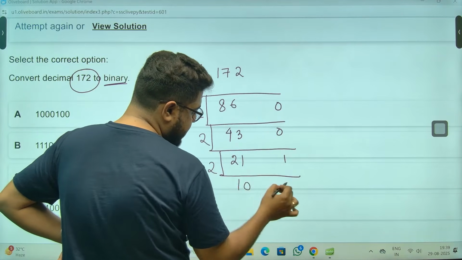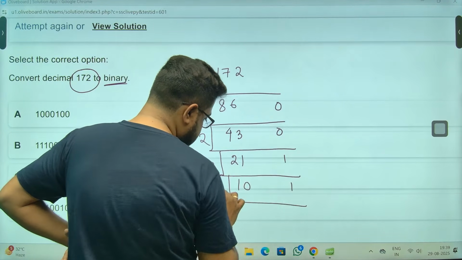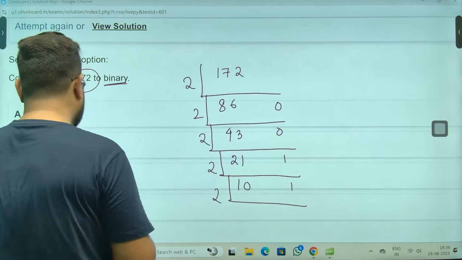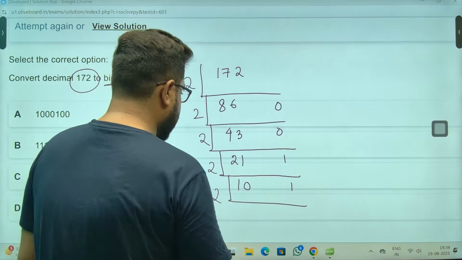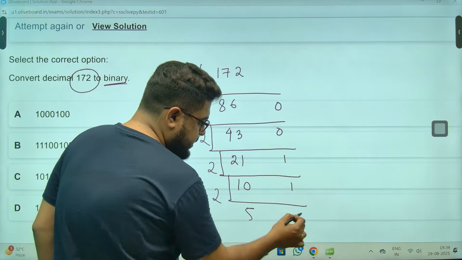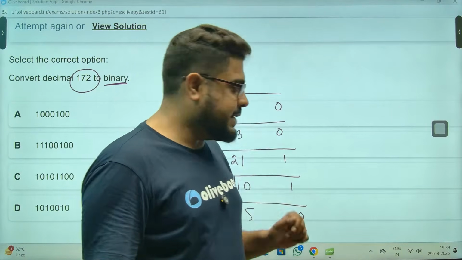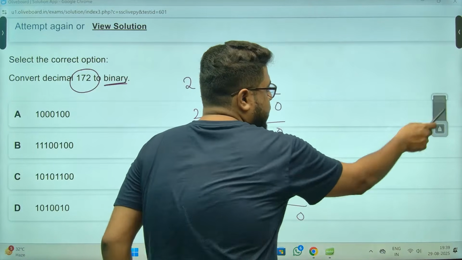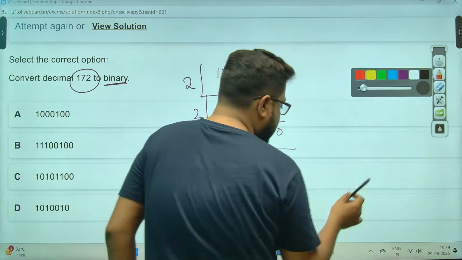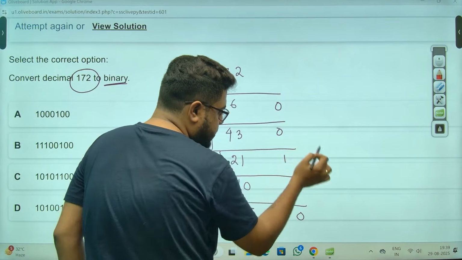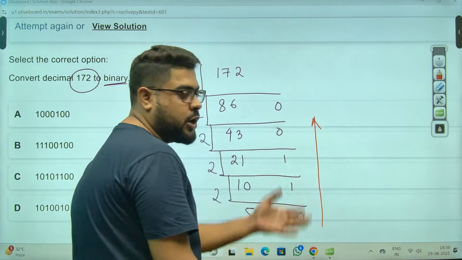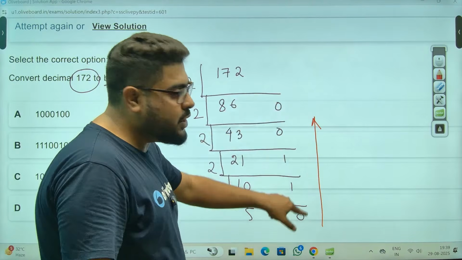This is 10, 1. This is 5, 0. You see, you have to continue doing this. But please understand, the number we start writing from bottom to top. So this is the ending of the number.